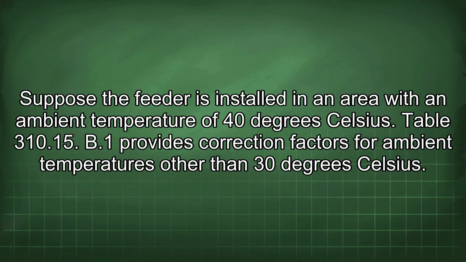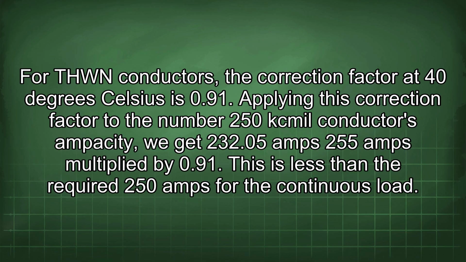Suppose the feeder is installed in an area with an ambient temperature of 40 degrees Celsius. Table 310.15(B)(1) provides correction factors for ambient temperatures other than 30 degrees Celsius. For THWN conductors, the correction factor at 40 degrees Celsius is 0.91.